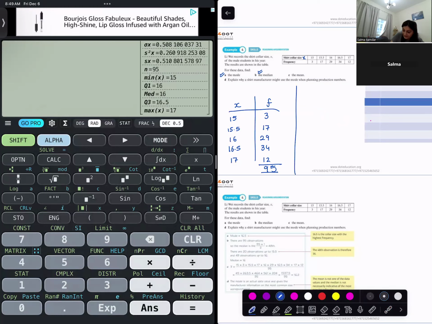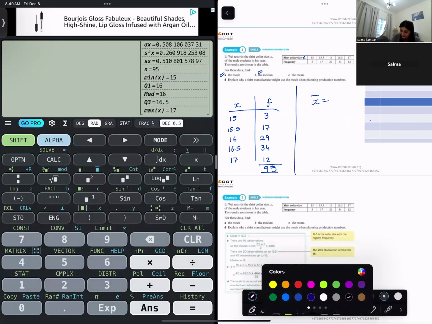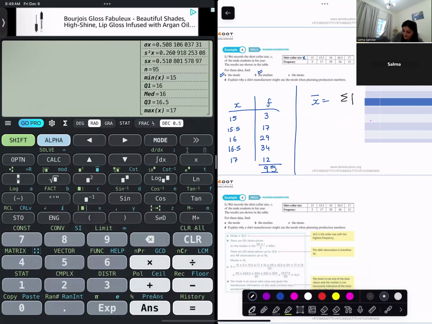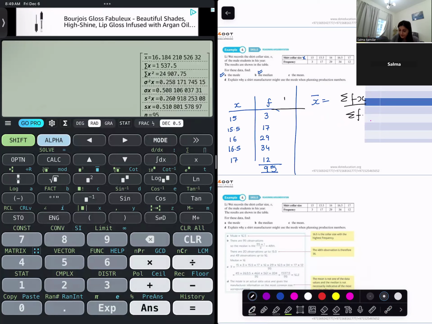Now, how do I write this? My mean of x is nothing but the sum of fx over the summation of f. I do not need to make a column of f into x. I can directly use my calculator.